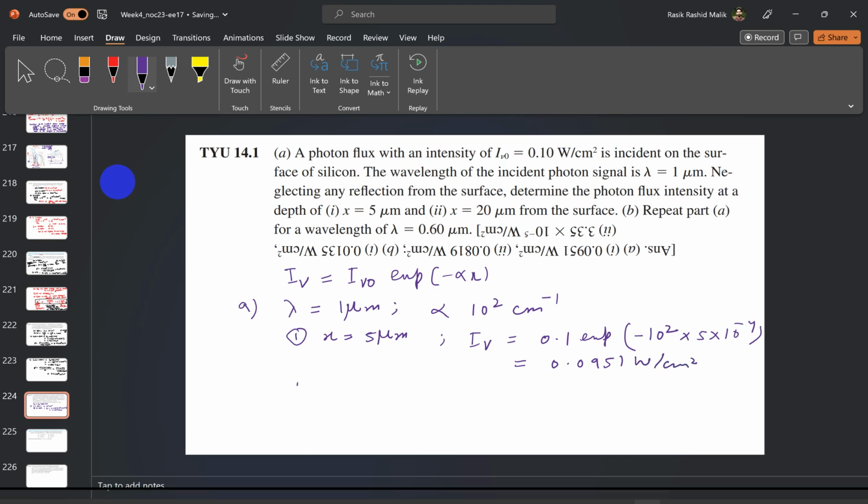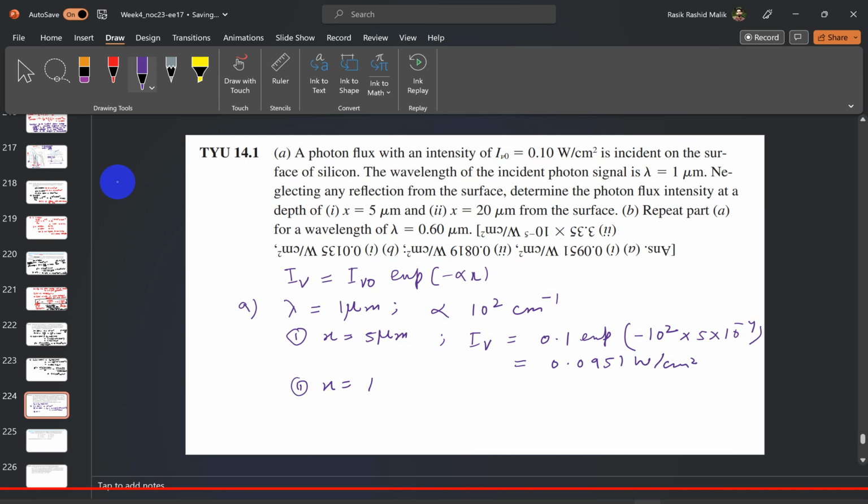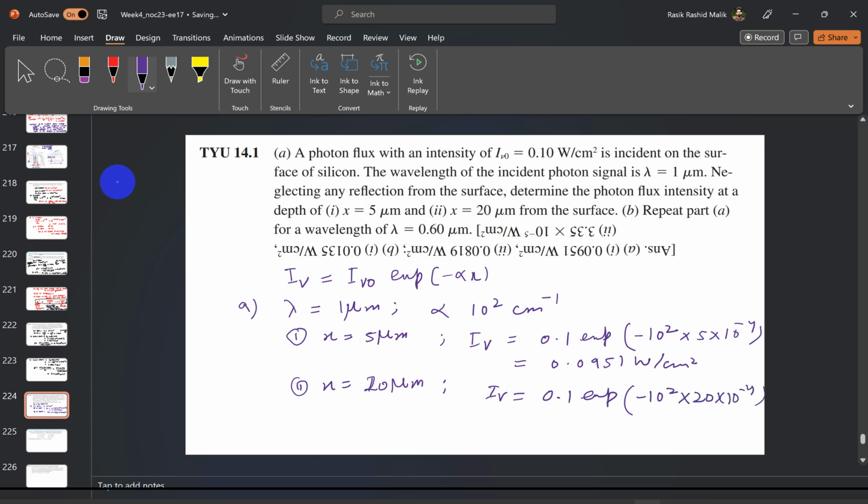And as the distance will increase, the intensity will decrease. IV, which is now 0.1 exponential of minus 10 to the power 2, 20 into 10 to the power minus 4. So let me calculate it.